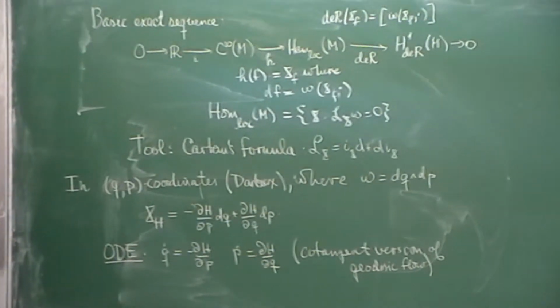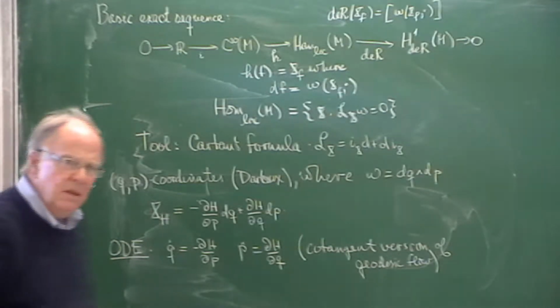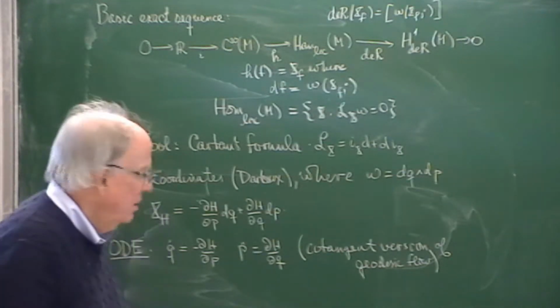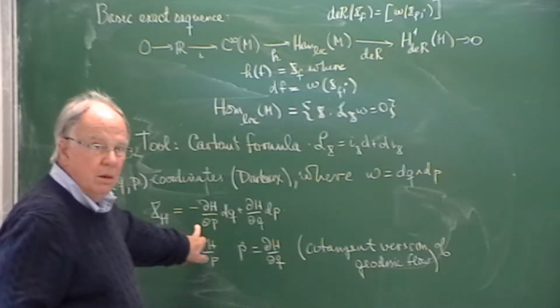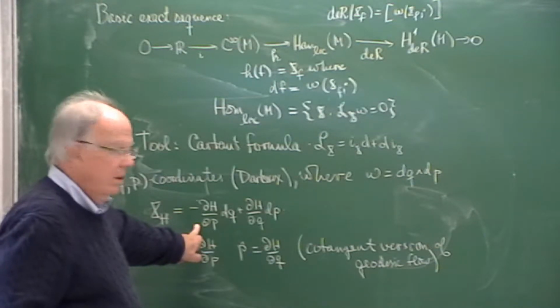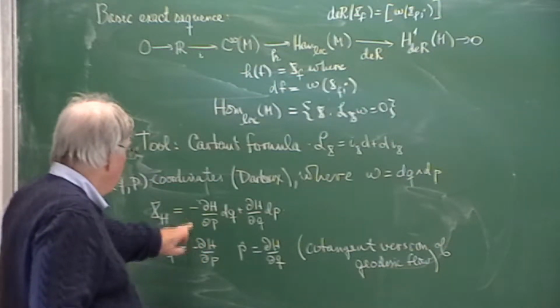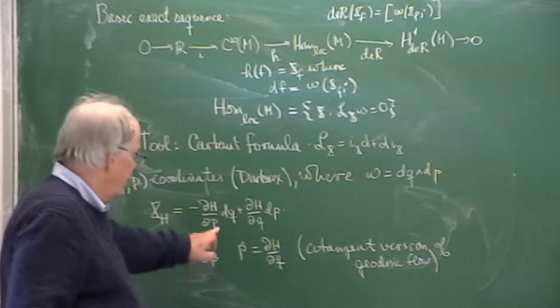I think that's a co-vector field, right? I made a mistake or something. Isn't that a co-vector field? The way you write it there, it's a co-vector field, not a vector field. I need to write dq.